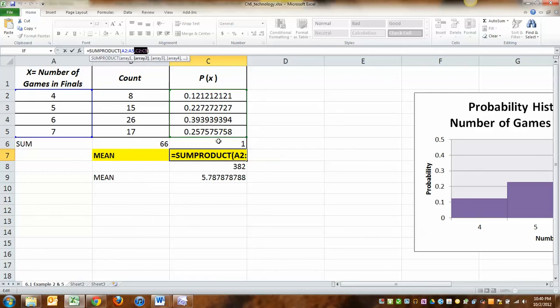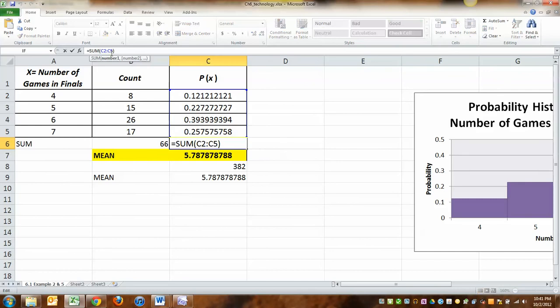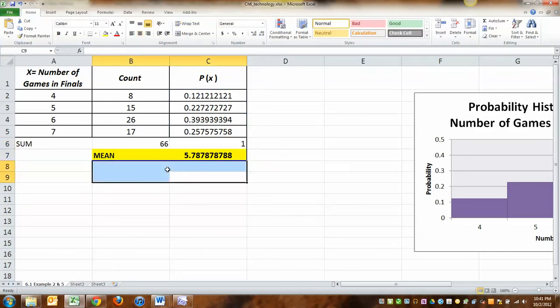So you're dividing by 1 and you don't have to worry about it, right? So in section 3.3, we would do the counts, so we'd say sum product of this column and this column, and then divide it by the sum of that second column, 66. But in probabilities, we don't have to bother because the probabilities should add up to 1. So as long as you use the probabilities, you're golden. You don't need that part.